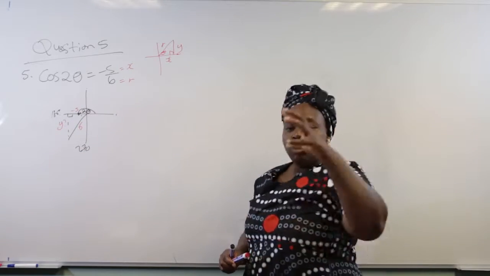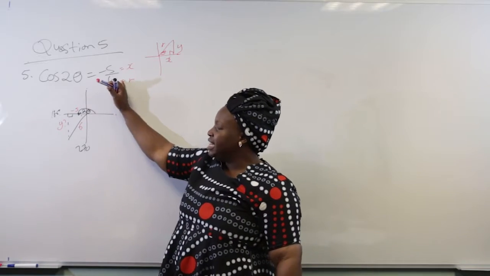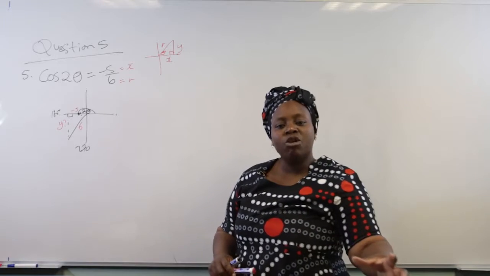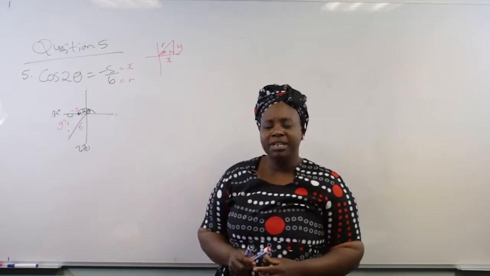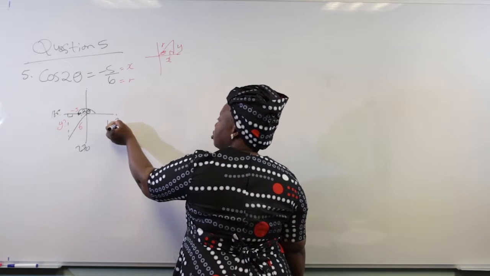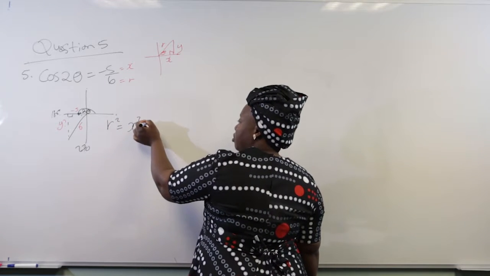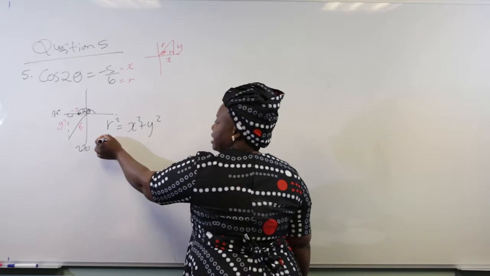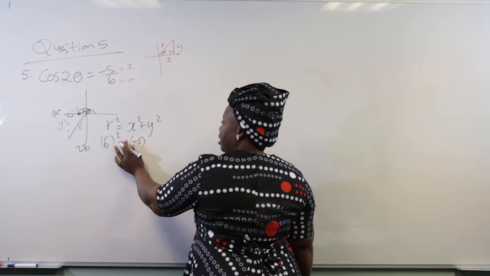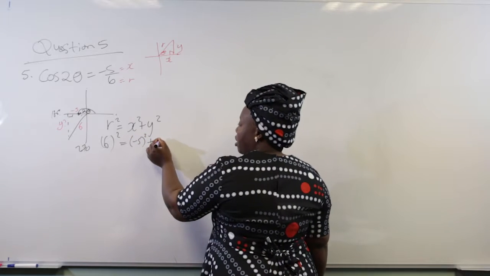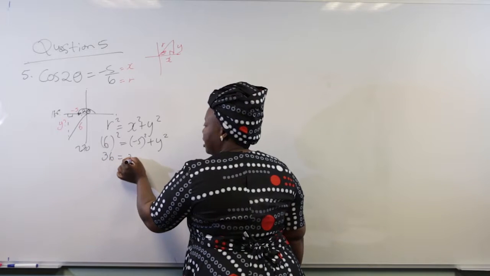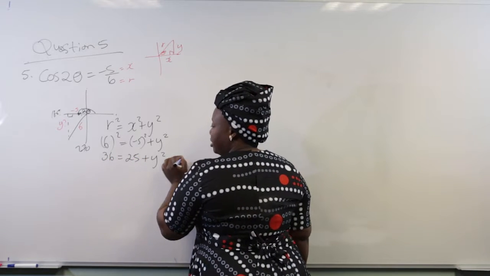Before you can even look at the question, by representing that, it is telling you that y is missing, so immediately use Pythagoras theorem and find the missing side. So let's do that. Remember it's r squared equals x squared plus y squared. So our r is 6 and our x is negative 5, and we are looking for y. This is going to be 36 equals 25 plus y squared.